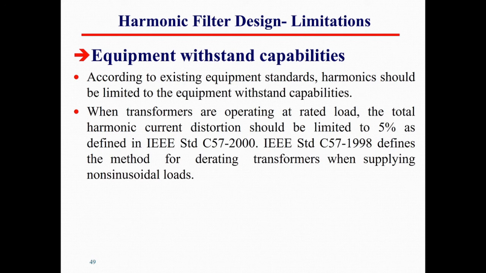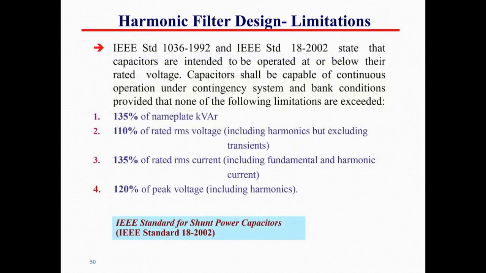Okay, so over here let's say that when transformers are operating at rated load, the total harmonic current distortion should be limited to 5% according to IEEE standard C57-2000. And IEEE standard C57-98 define the method for derating transformer when supplying the non-sinusoidal load.